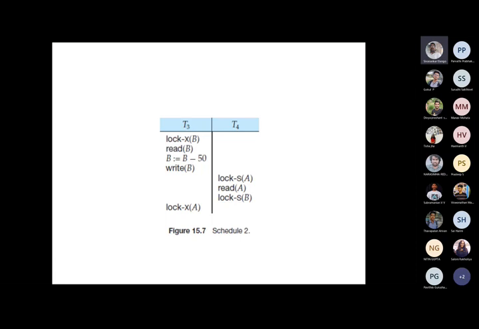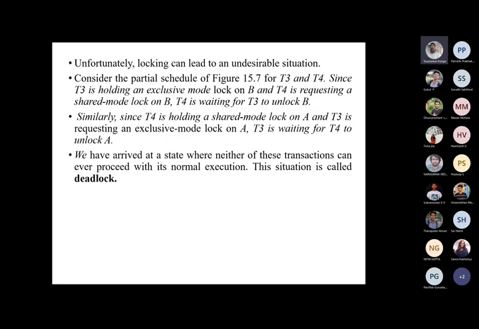So what happens here is that we arrive at a state in which neither of these transactions can ever proceed with its normal execution, and this situation is called deadlock, right? Both the transactions cannot proceed to completion, and we call it deadlock.